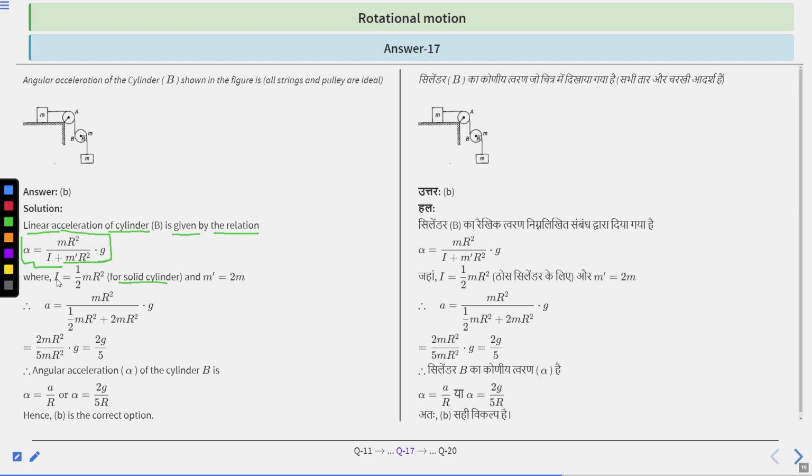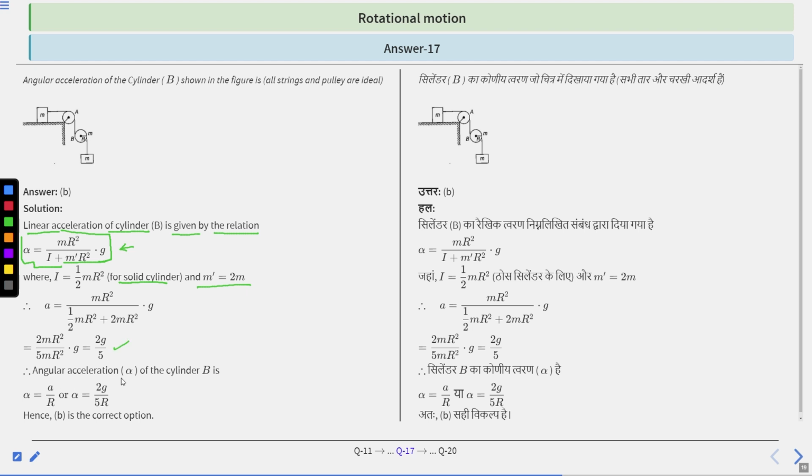This is the moment of inertia for the solid cylinder, and m prime is equal to 2m. So putting all given terms in this formula, we get a equal to mr square divided by half mr square plus 2mr square, multiplied by g. Cross multiplying, the equation becomes 2mr square divided by 5mr square multiplied by g, which is equal to 2g by 5.